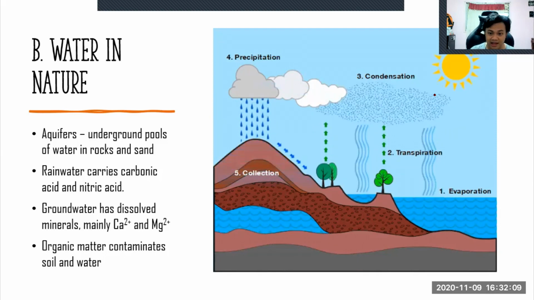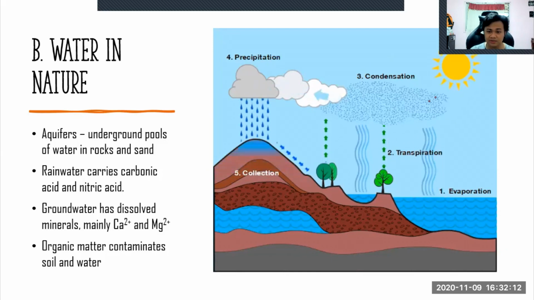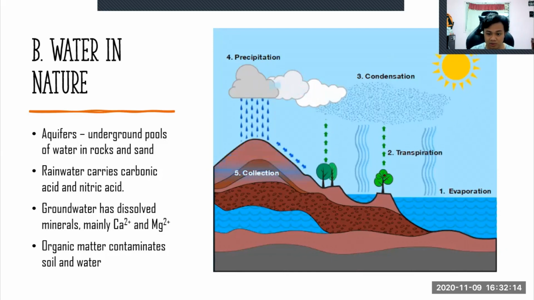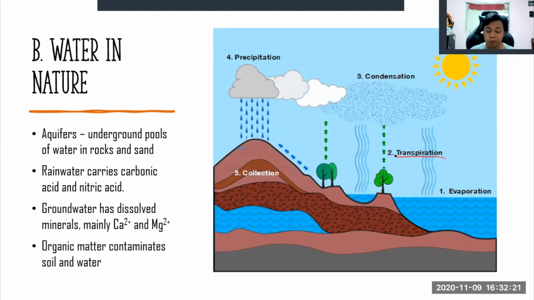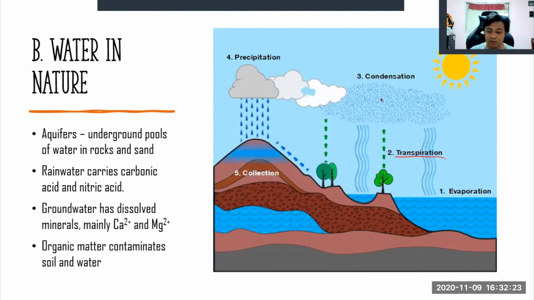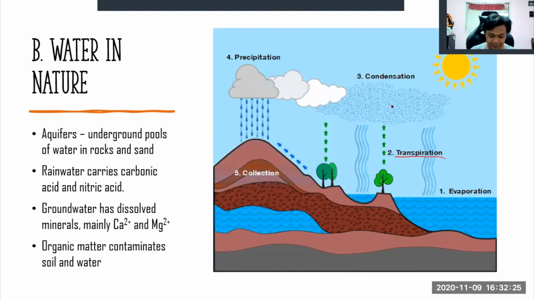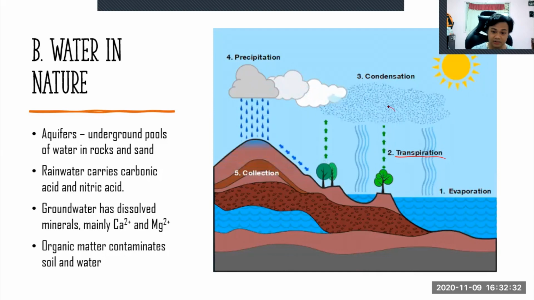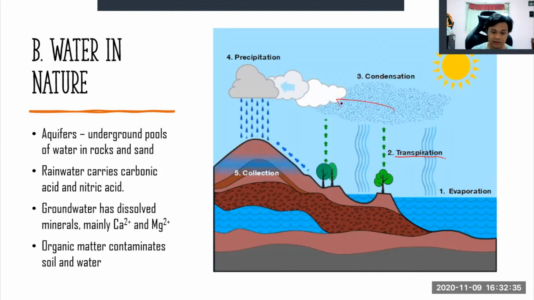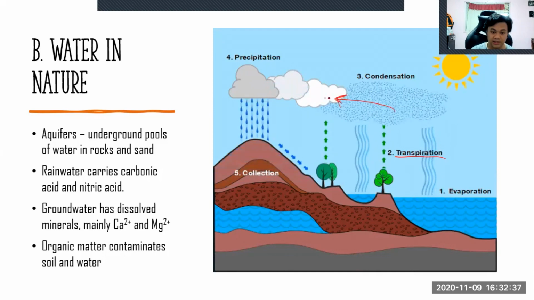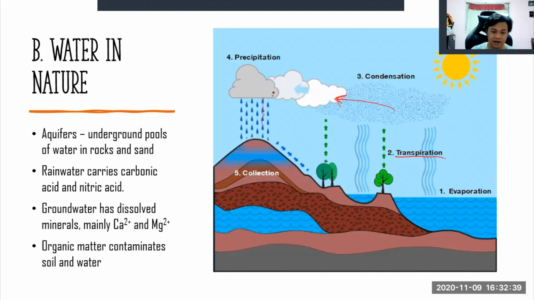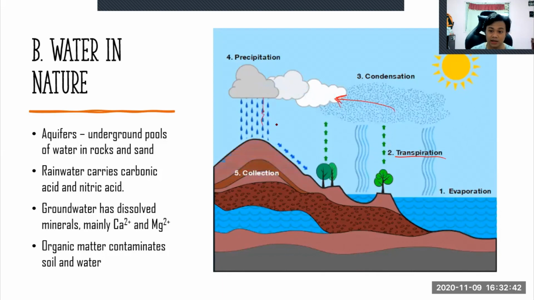The sun also evaporates water from the plants by transpiration, and as it goes to the top, it condenses, forming clouds. When water is saturated in the clouds, precipitation happens once the clouds cannot hold the water anymore.